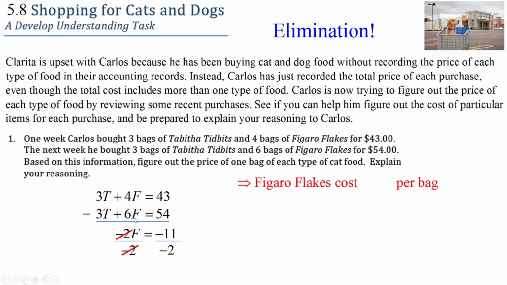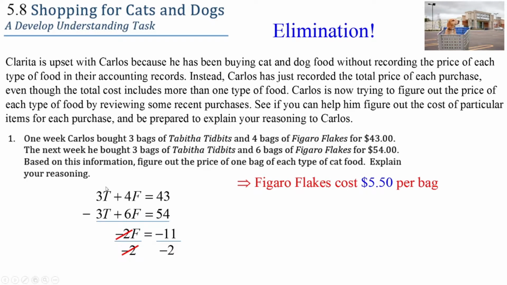So this implies Figaro flakes cost, again, negative 11 divided by negative 2 is 5.5, or in dollars and cents, $5.50 per bag.